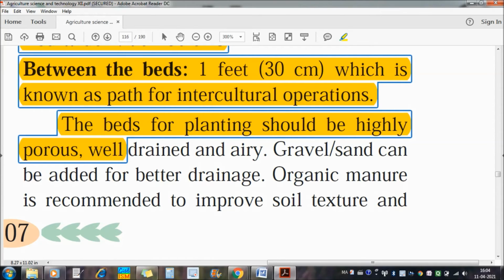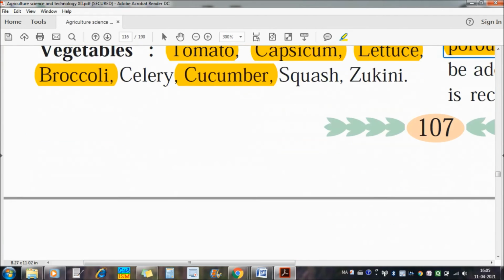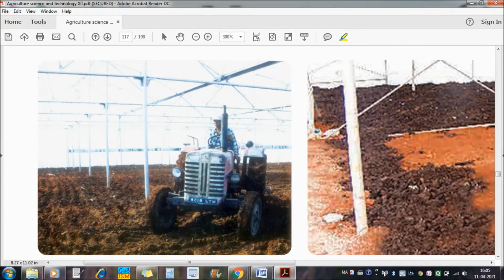These kinds of beds are to be prepared in the greenhouse, and the soil should be porous and well drained. It should have some sand and be rich in organic manure, which will improve soil texture. So gerbera requires these particular soil conditions.